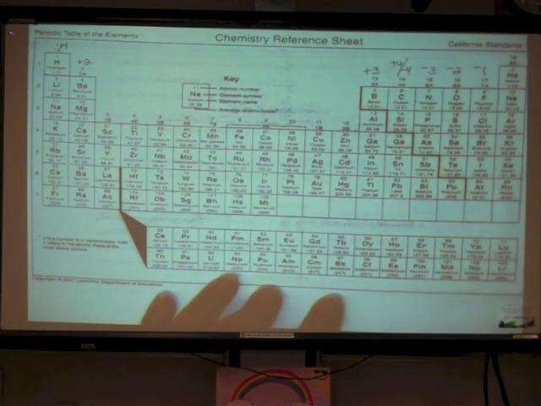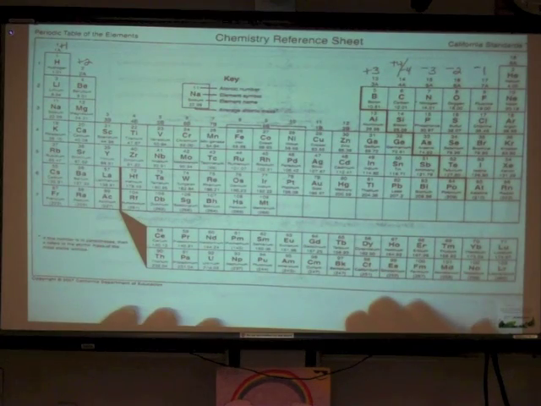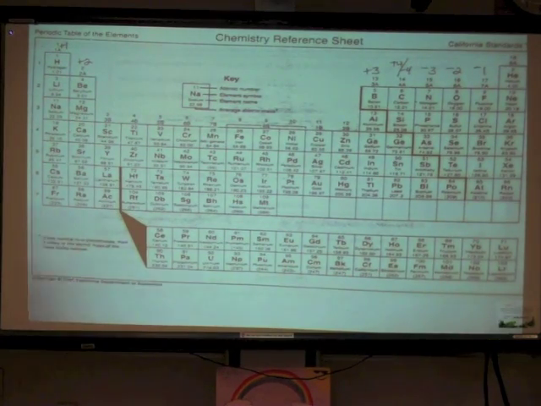that 12 grams of carbon-12, they were able to count the number of carbon atoms that were in that sample of carbon-12, and they came up with this number of 6.02 times 10 to the 23rd.